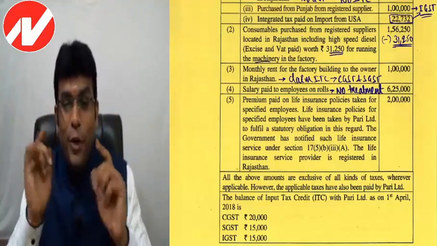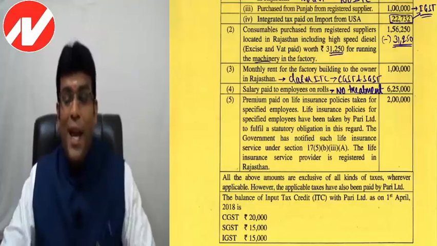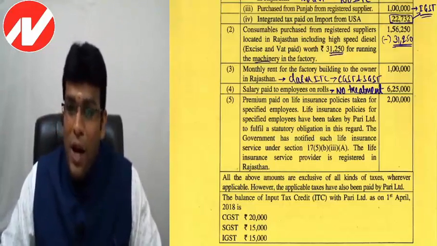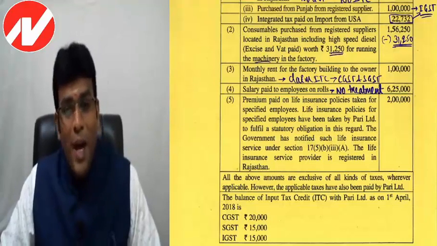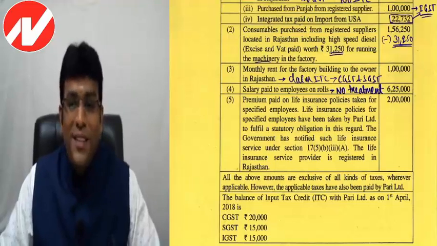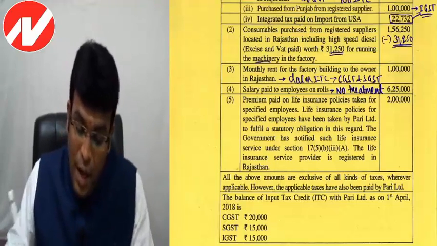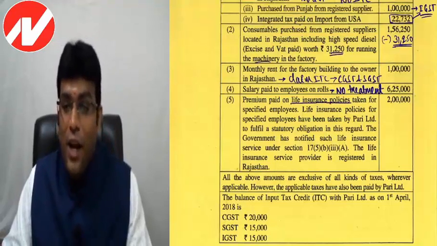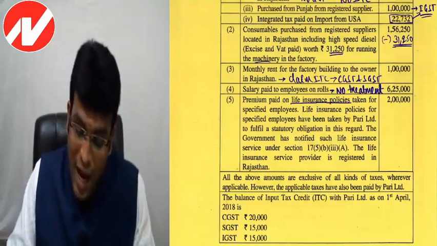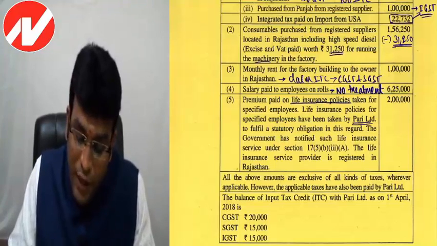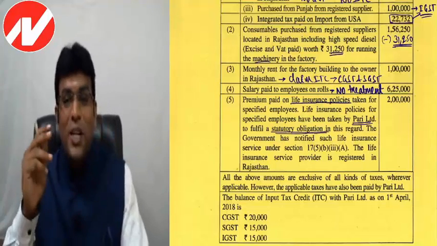In that we have one beautiful point which talks about service by employee to employer in the course of employment. Exactly. Then premium paid on life insurance policies taken for specified employees. And the life insurance policies have been taken by Pari Limited to fulfill a statutory obligation.